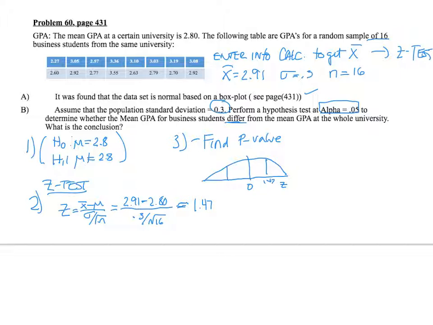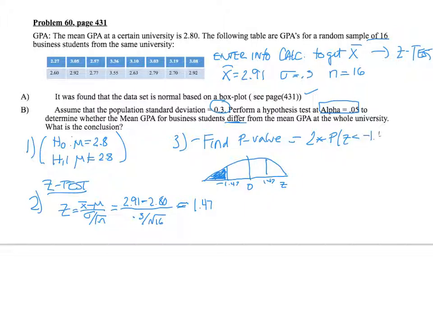And we have a negative 1.47 here, because it's a two-tailed test. So I can find the p-value here by doubling it. Since it's a two-tailed test, the p-value is equal to 2 times the probability that Z is less than negative 1.47.